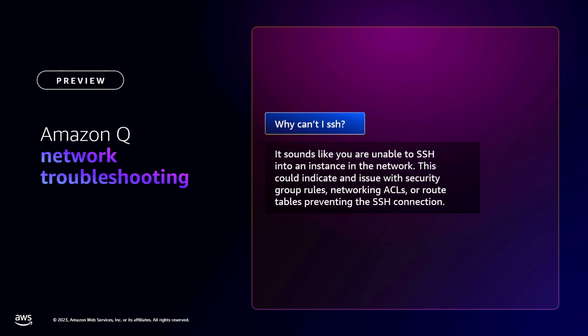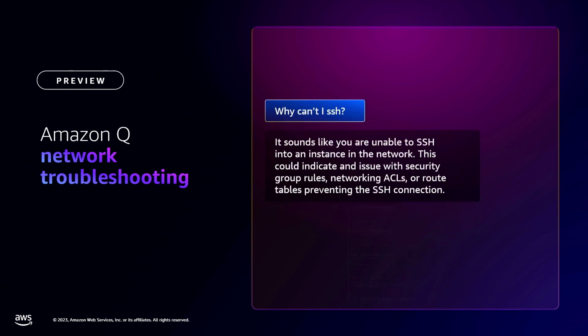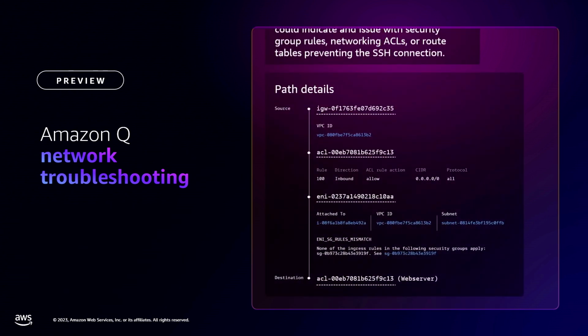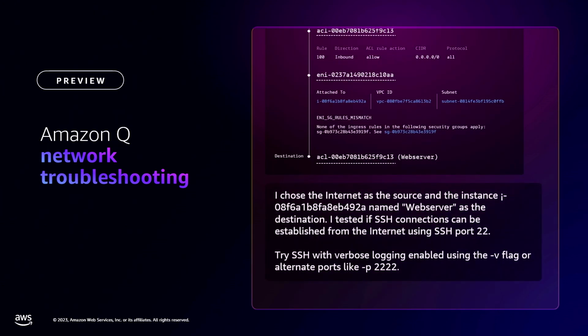It sounds like you're unable to SSH into the network, and it could indicate a problem with perhaps security groups, network ACLs, or some routing table information. All right, so it doesn't stop there. This being a more networking-oriented feature, we provide some information here about the path details to give you perhaps some information about why you can't SSH right now, and follow it up with some additional text.